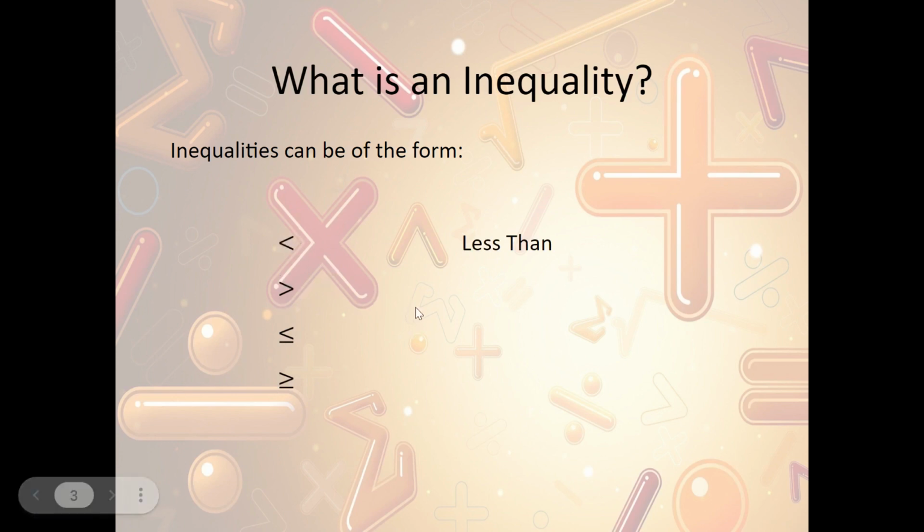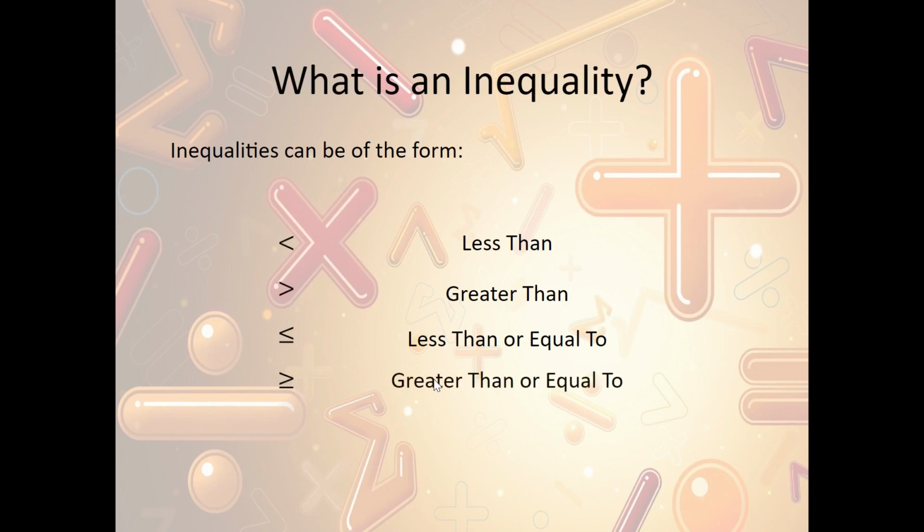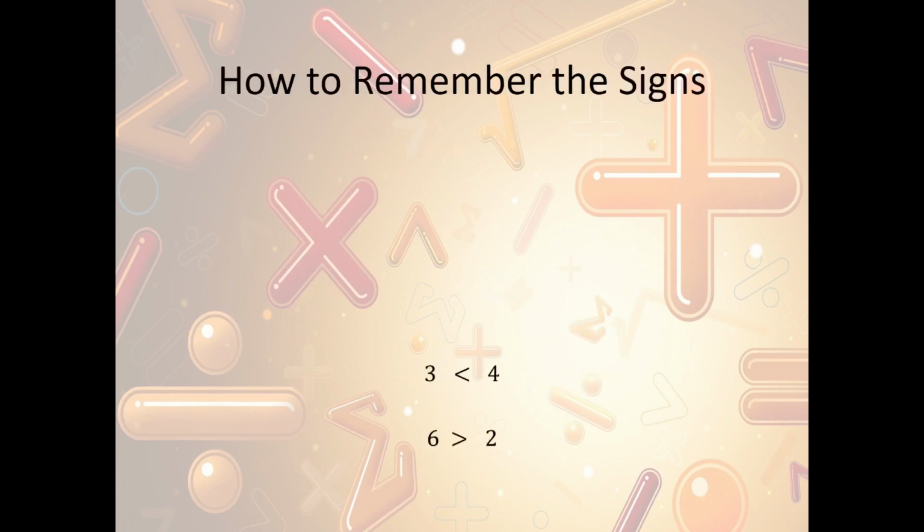This one then means greater than. This one means less than again, right? Because that's this arrow, and the bar means or equal to. So this is less than or equal to. And this one, this arrow here, meant greater than, and the bar means or equal to, so it's greater than or equal to. So those are the different inequalities.